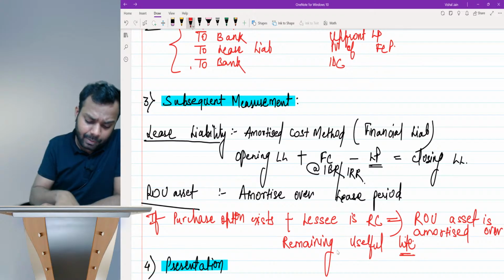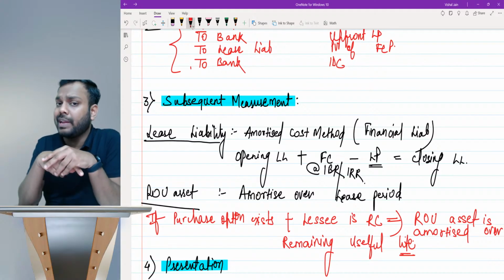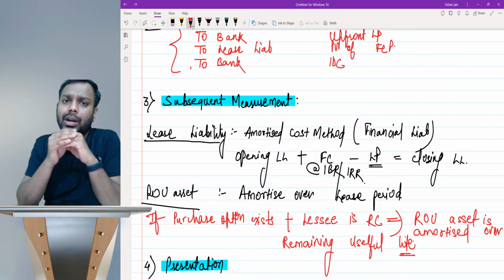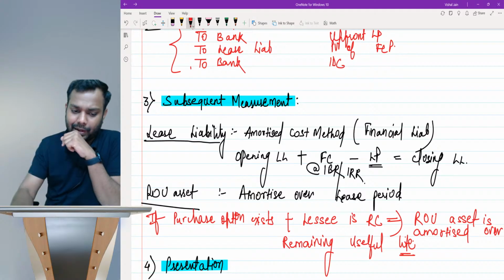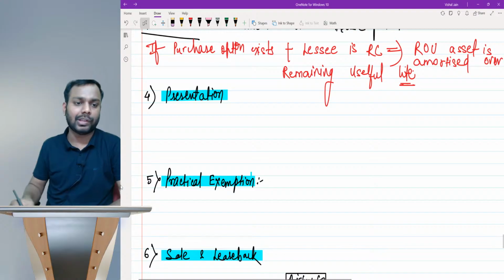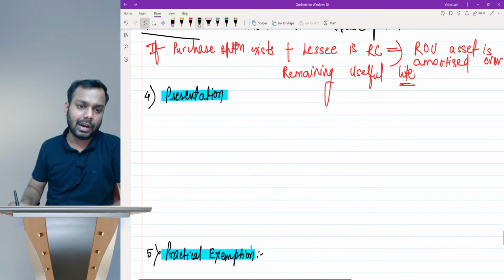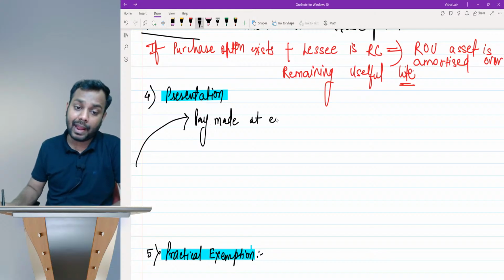Now, many times I have seen the question asks to calculate the current portion of lease liability or the non-current portion of lease liability. How to do that? How to calculate the current and non-current portion of lease liability? Guys, understand that there can be two instances in the question. Instance number one is payments made at end of year.